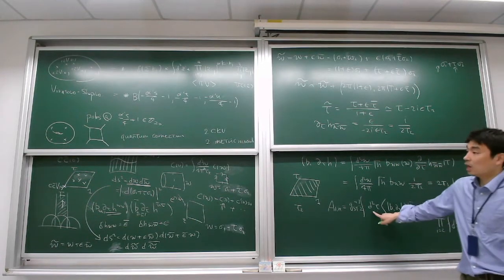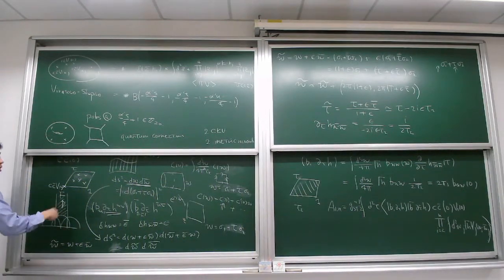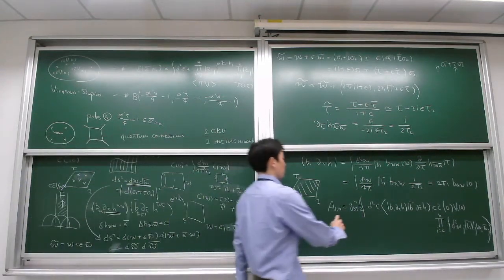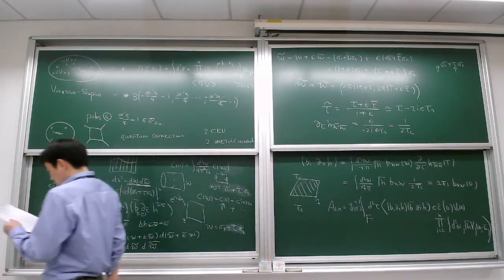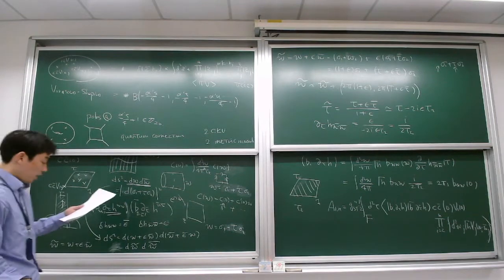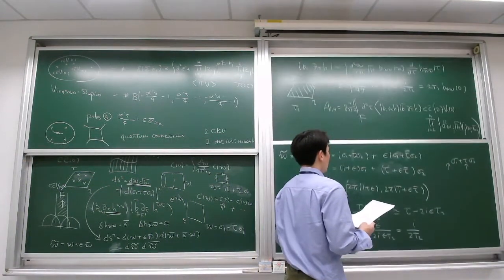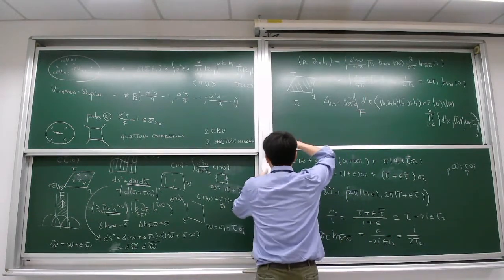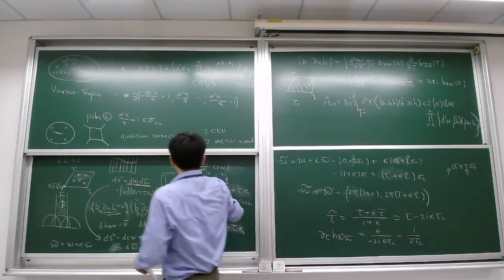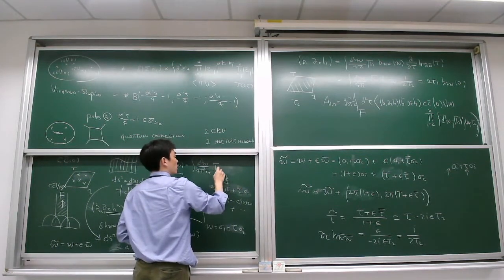And this integration is really carried out over the moduli space of Riemann surfaces, the fundamental domain. So that's what we need to carry out. Then this expression, more precisely, is called H bar.